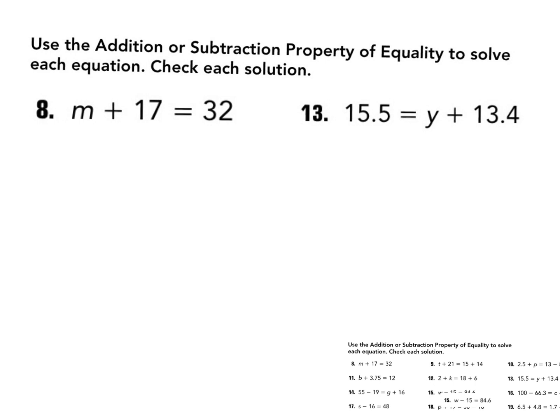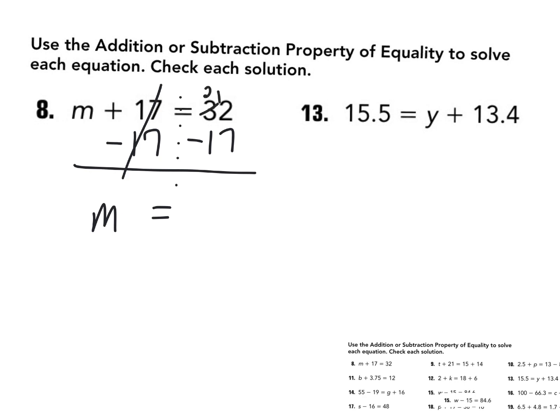So if we look at number 8, remember what we talked about is trying to do the opposite operations. On number 8, we're trying to find what m is equal to. We need to get the m by itself. They're adding 17, so the opposite operation, we need to subtract 17. We need to do the same thing on both sides of the equation to keep this balanced.